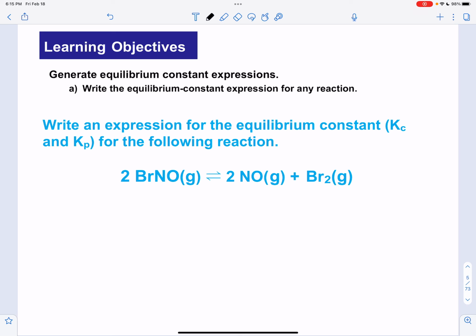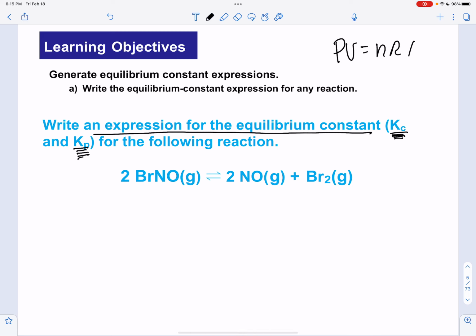So moving to another topic. Now that we understand what equilibrium is in relation to the rates, we're going to talk about how we write an equilibrium expression. We're doing one based on the concentration and one based on the pressure, which is very related, because if we're dealing with gases, PV equals nRT.